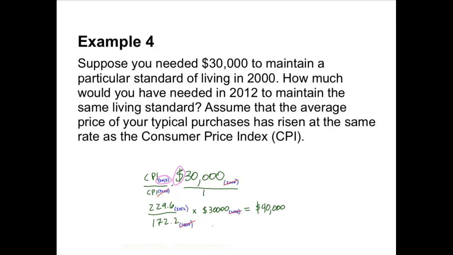But what we want to do is, right, same deal. I would do CPI, but then I want to end up in dollars of year 2021, divided by CPI of the year 2000. And then we're going to multiply by that $30,000, which is in year 2000 dollars. All right, but we need the most current CPI to do that.